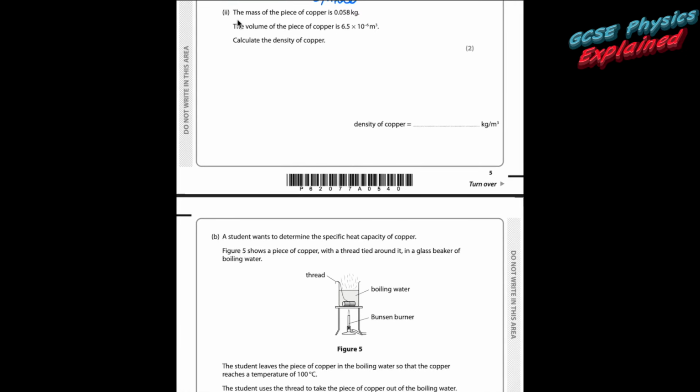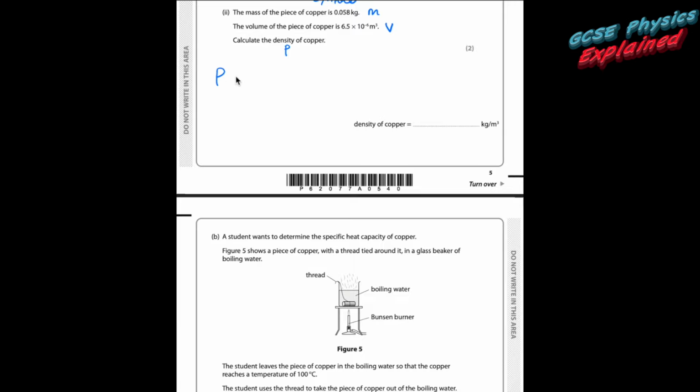Part 2. The mass of the piece of copper is 0.058 kilograms, so that's M. The volume of the piece of copper is 6.5 times 10 to the minus 6 metres cubed, so that's V. Calculate the density of the copper, and density is ρ.